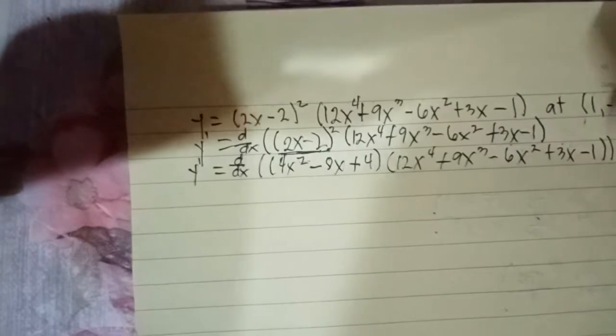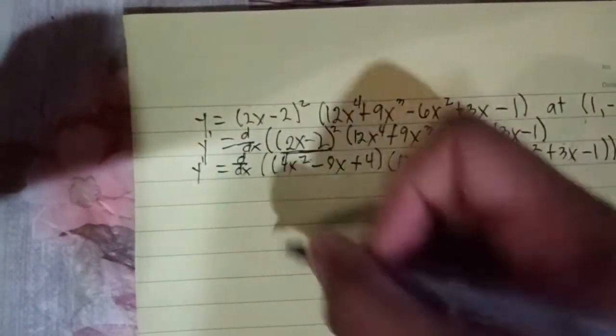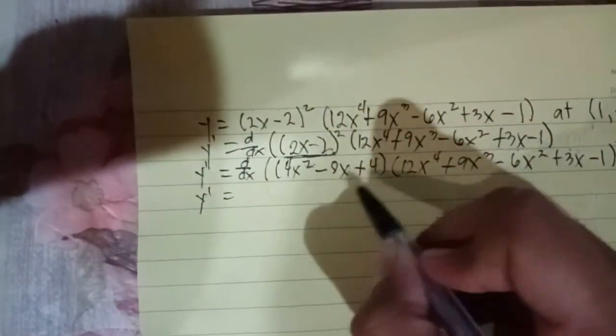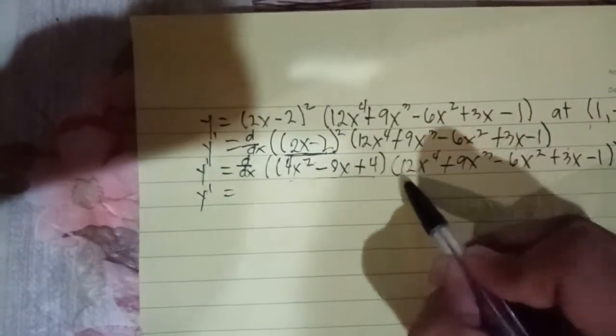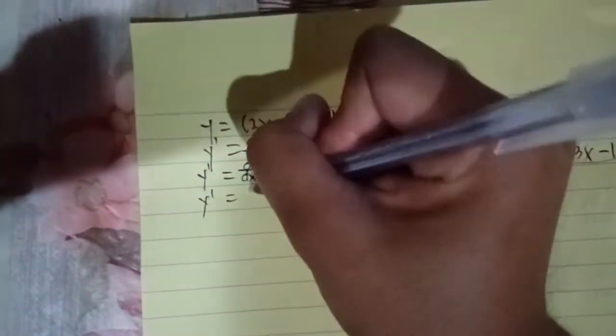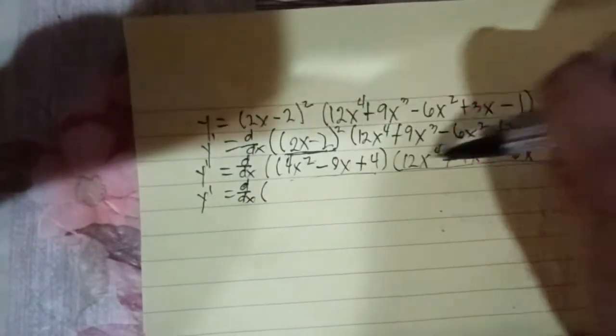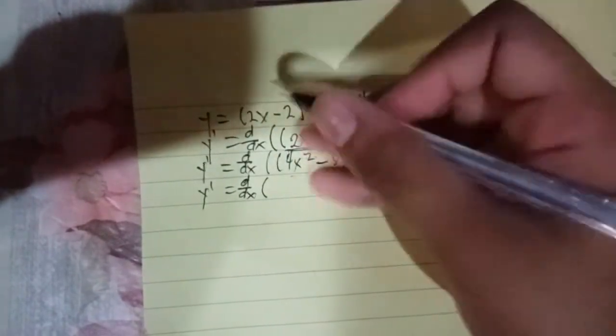Next we are going to remove the parentheses. We are going to multiply this one to this expression. I won't explain anymore how I came up with this answer.